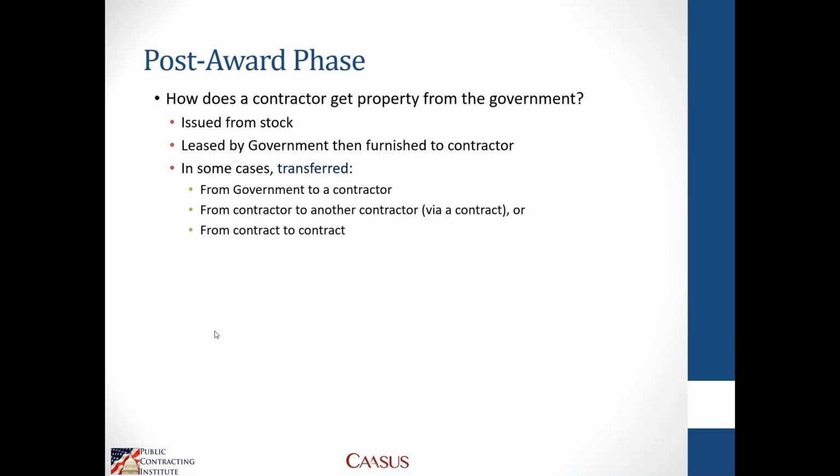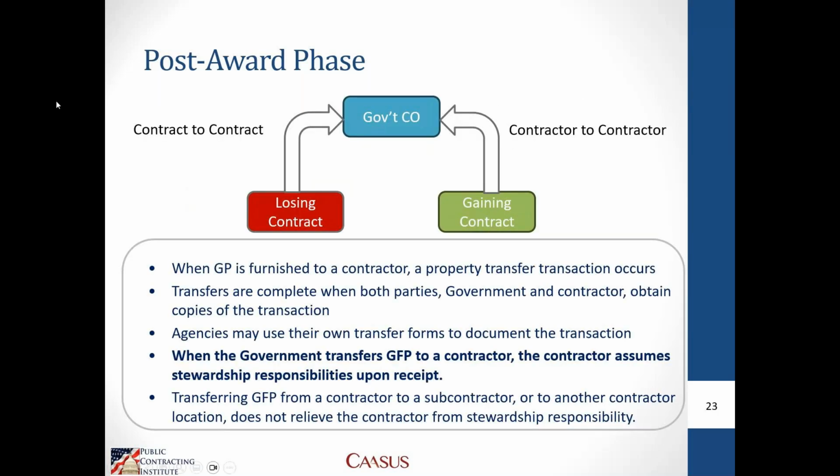And so what happens when you have a contract to contract or a contractor to contractor transfer is that any contractor acquired property on a losing contract that is then transferred to a gaining contract, whether it's to a new contractor or a contract within that same contractor's organization, that CAP, once it's theoretically transferred back to the government and reissued on that new contract, then transfers and becomes government furnished property once that report is sent to the government.